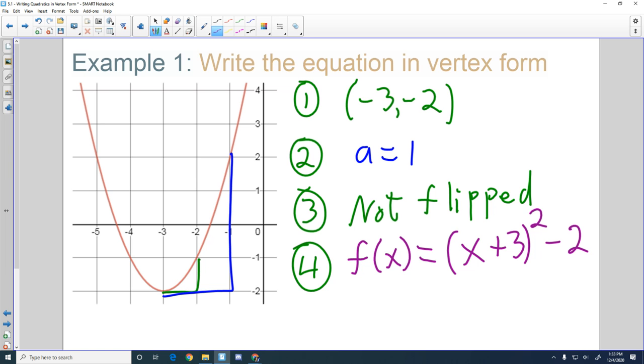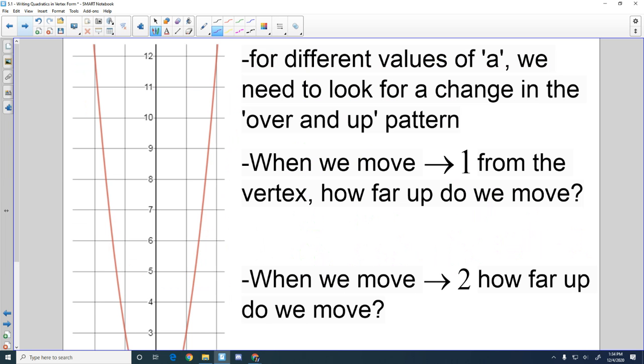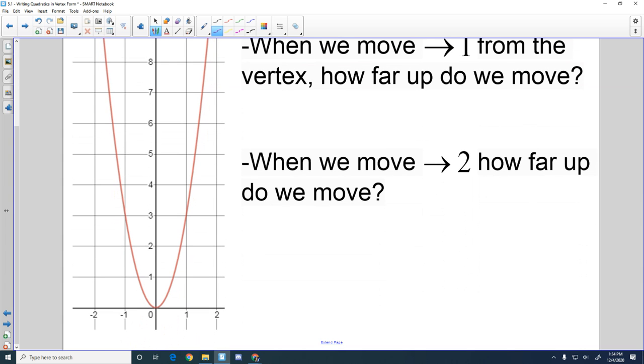Guess what's next? For different values of a, you need to look for the change in that over and up pattern, or over and down if it's been flipped. And so, obviously, this one's a bit different. So let's figure it out. Start at the vertex, and if I go right 1, 1, 2, 3.